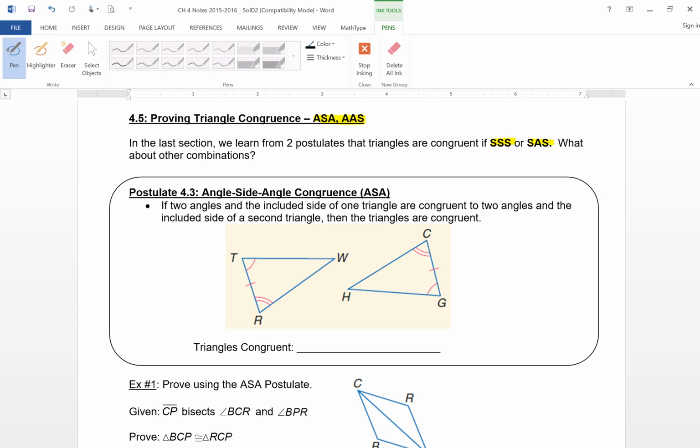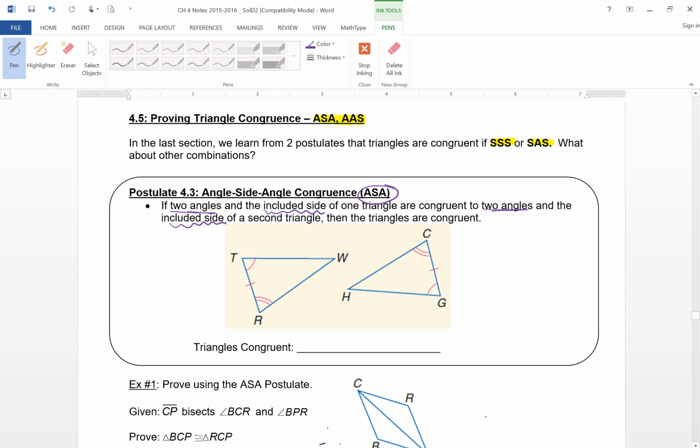So the first one is ASA. And here we have another configuration. So we need angle, side, angle for this one, ASA. And it says that if two angles and the included side of one triangle are congruent to two angles and the included side of a second triangle, then the triangles are congruent.